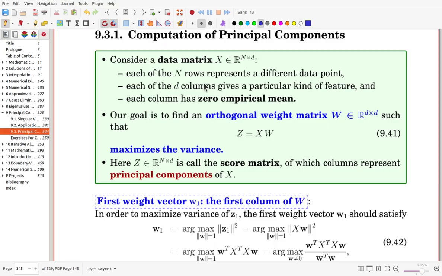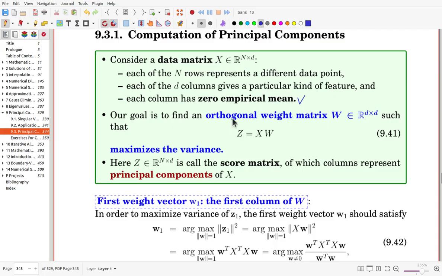In the data matrix, we stack the rows vertically, and each row is a data point, and each data point has d features, so each of the d columns gives us a particular kind of feature, and each column has zero empirical mean. I mentioned this one. This is really required.